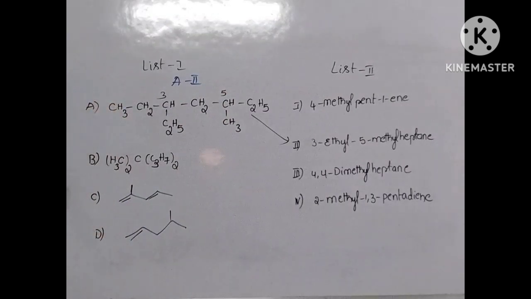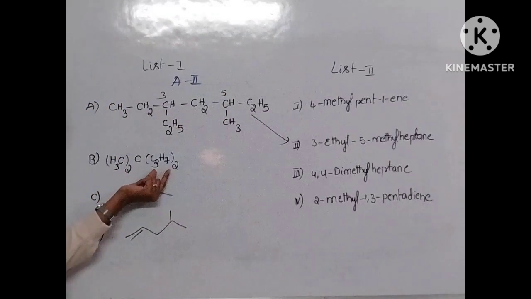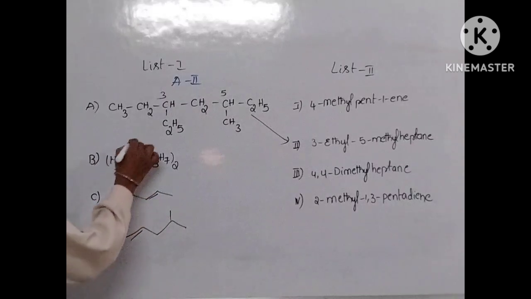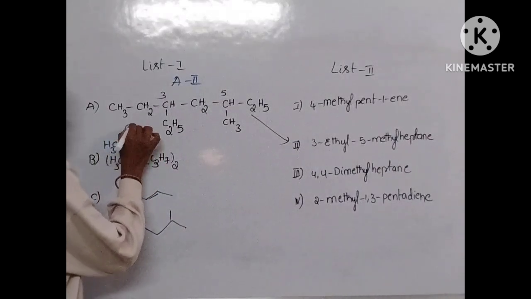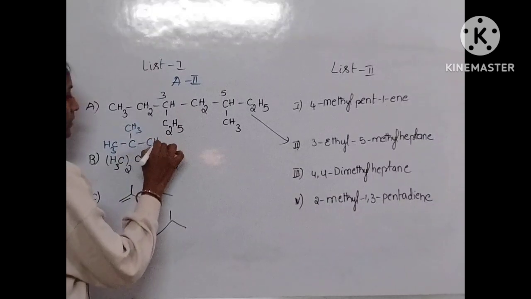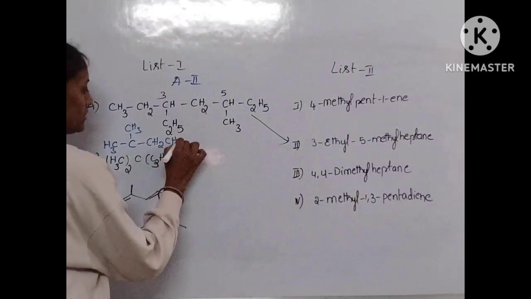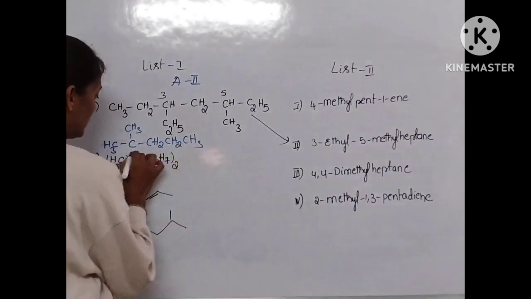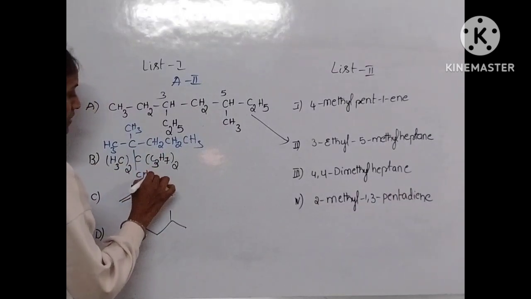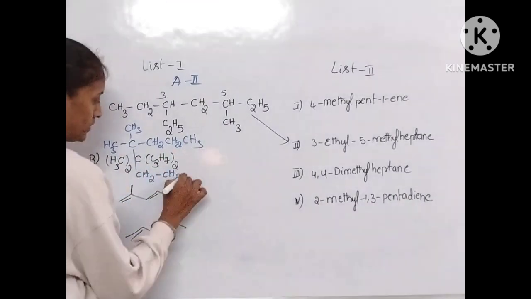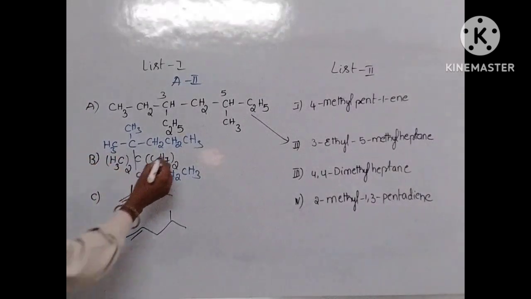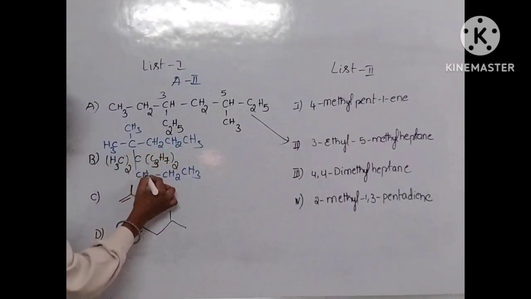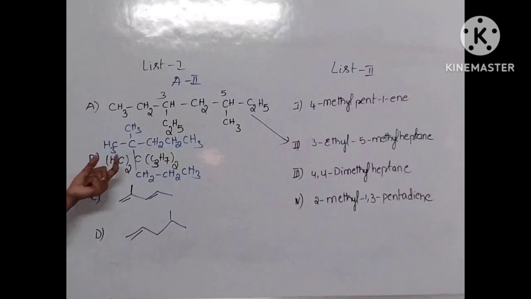Next, here if you observe this one, CH3 twice, C3H7 twice. If you write it like this, CH3, CH3, CH2, CH2, CH3, and another CH2, CH2, CH3, then you can easily identify. 1, 2, 3, 4, 5, 6, 7 carbons are in the straight chain.